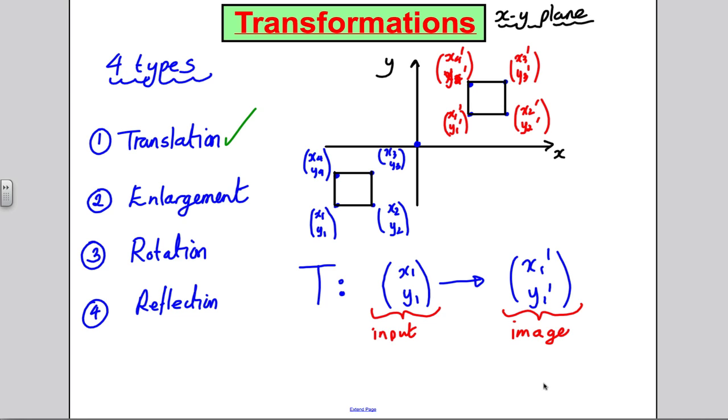Okay? And we can say, therefore, in general, what is a transformation?